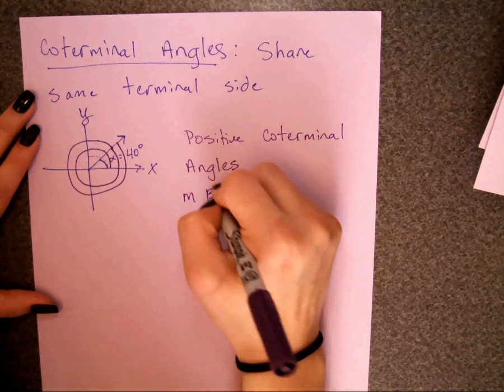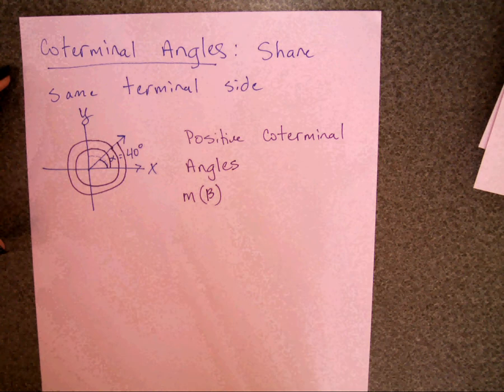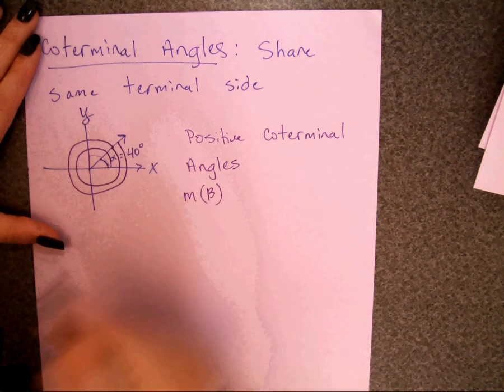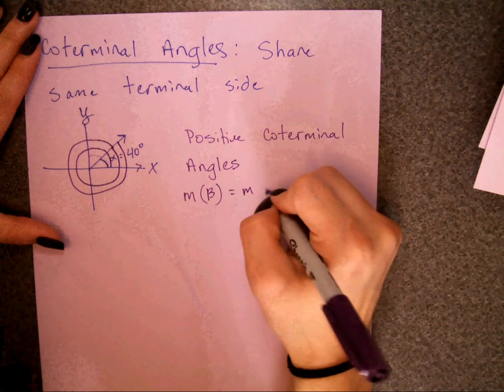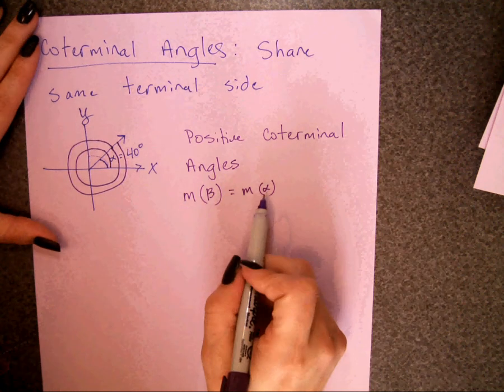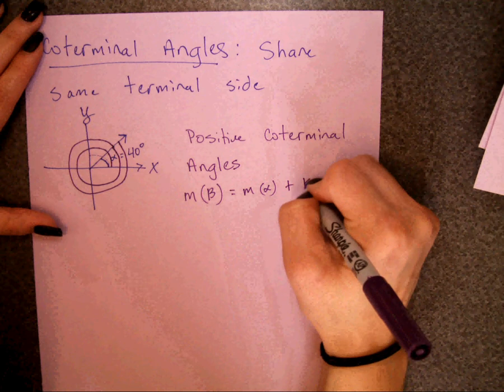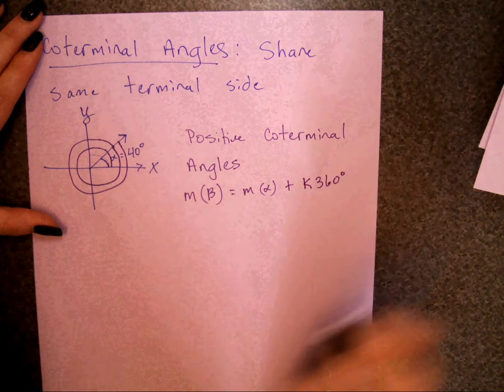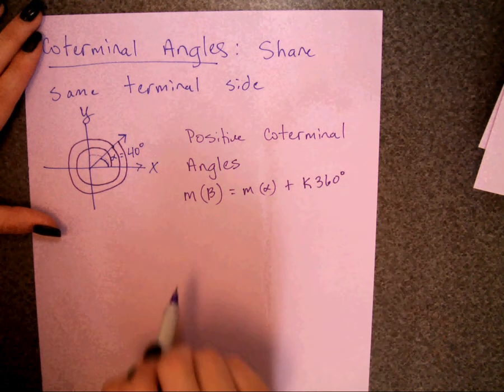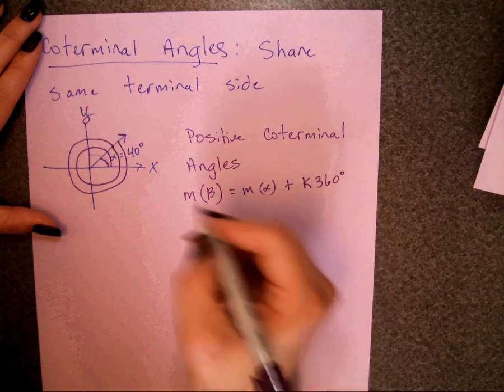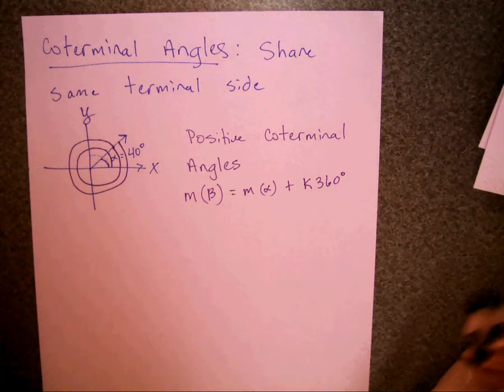The measure of angle beta is created by taking the measure of our original angle, in this case angle alpha, and adding k times 360, k being any whole number. So k could be 1, k could be 2, k could be 3.